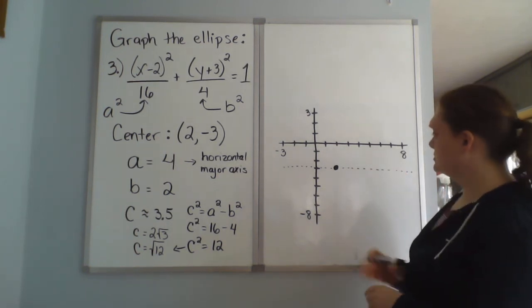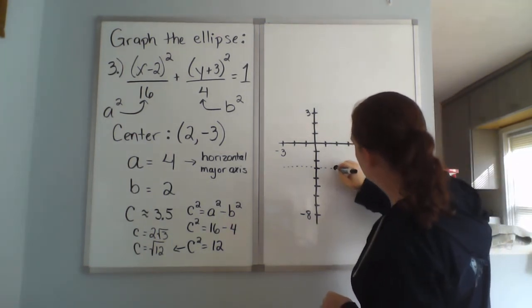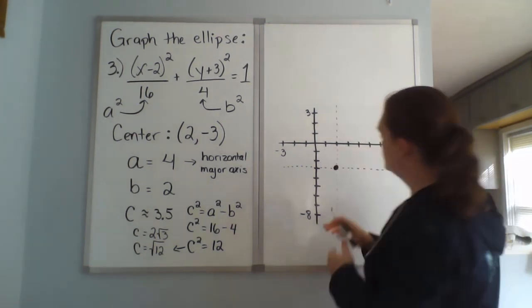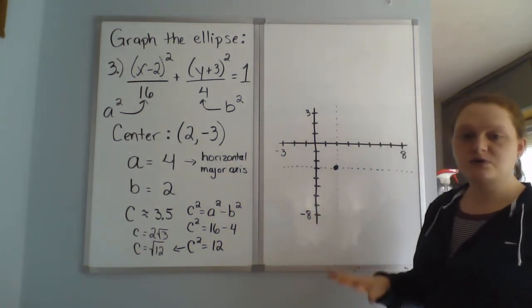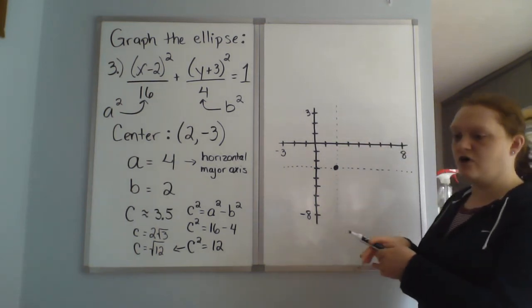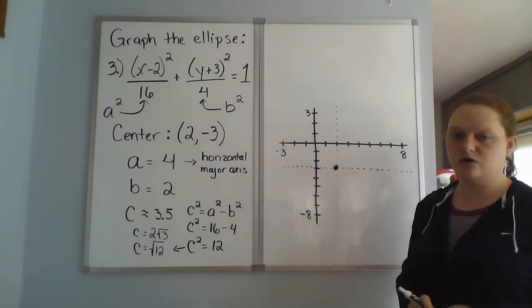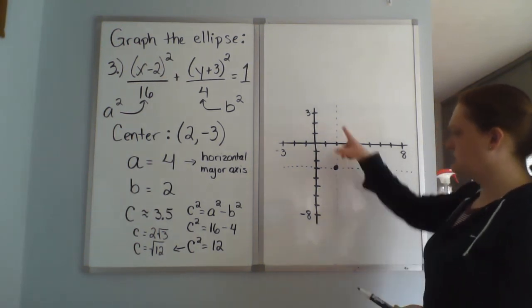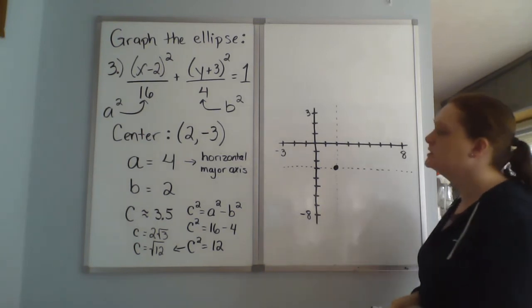All right, and then also draw a dashed line going up through the middle so that it corresponds to the x and y values from your center. And in doing so, creating those little lines gives you a guideline as far as where your major and minor axes are going to fall. It makes it just a little bit easier on yourself. But again, if you have graph paper, this isn't really necessary, but if you're doing it just on regular paper, this will be very helpful, okay?